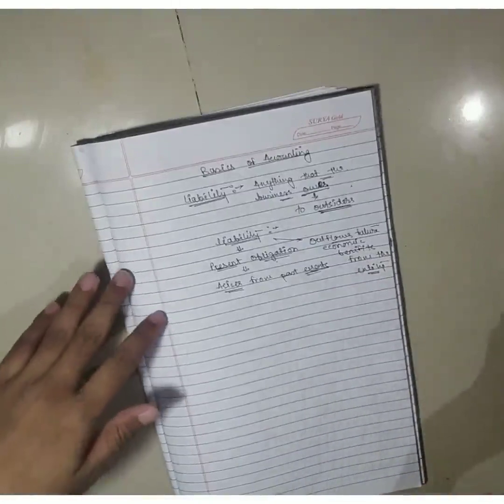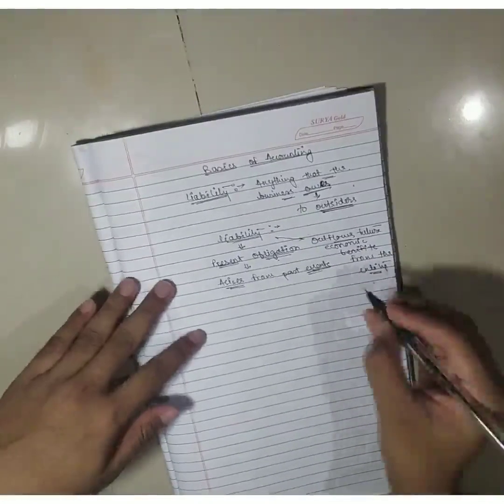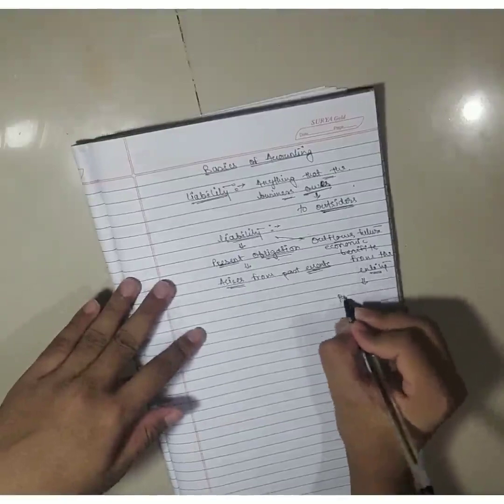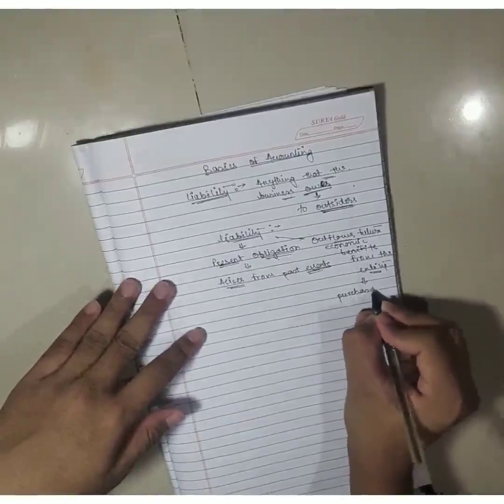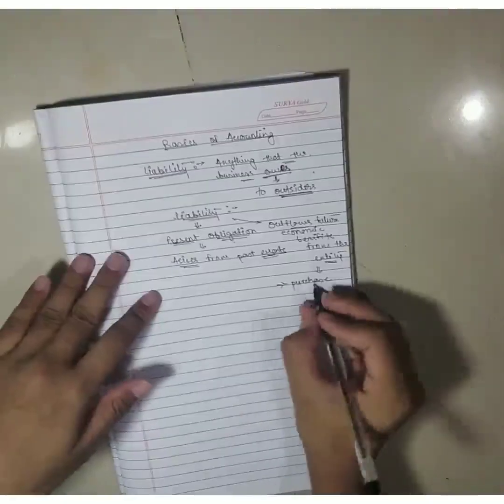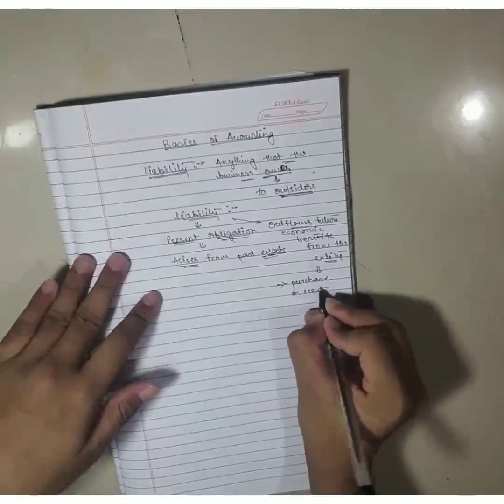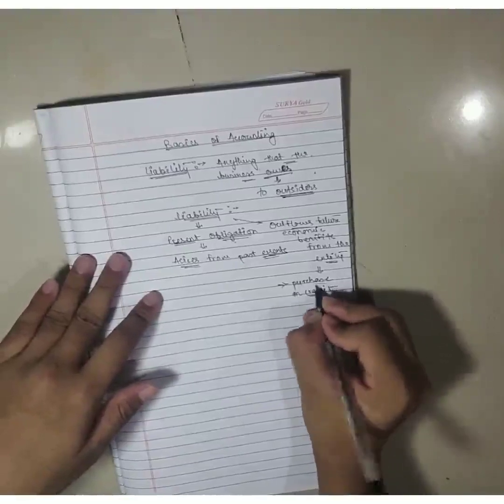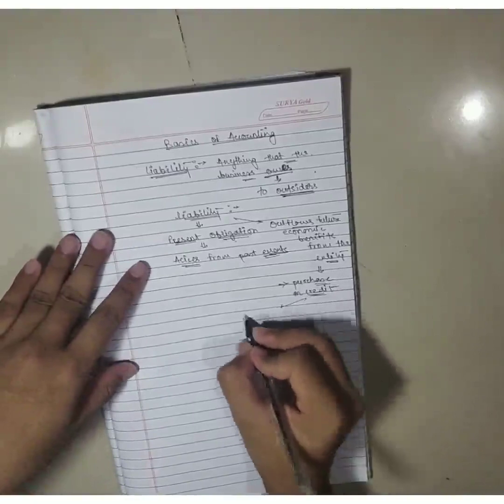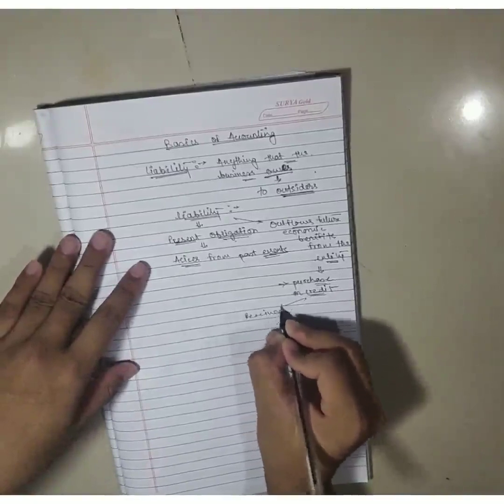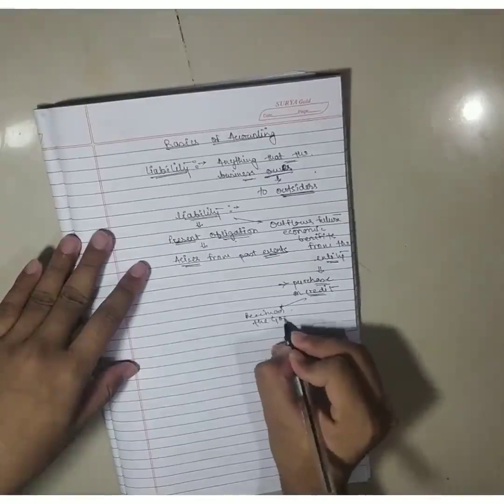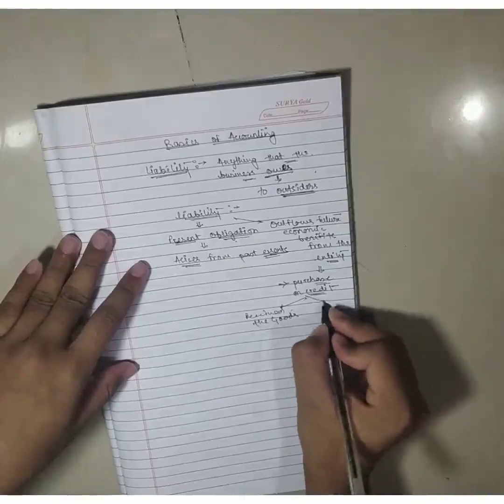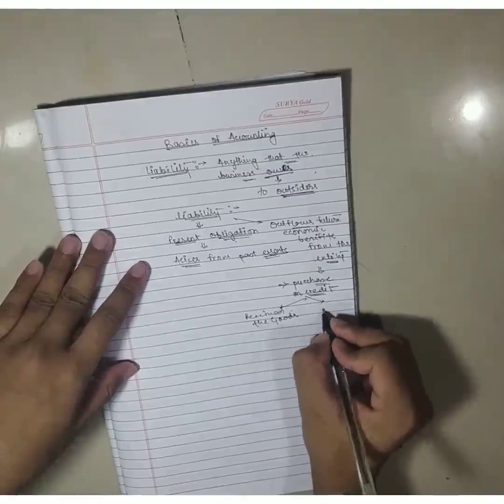Like, suppose, for example, purchase: we have done some purchase on credit basis. On credit, what does it mean? We have received the goods, but have we paid the money?